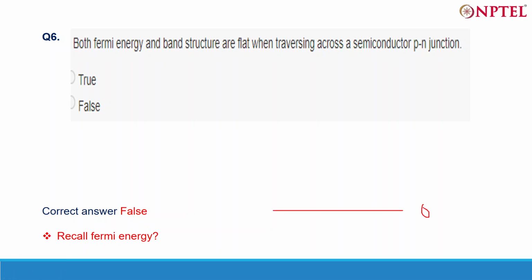If we put the temperature to 0 Kelvin, and this is the valence band and conduction band, in between at 0 Kelvin there will be some level which these electrons will occupy. This is the Fermi level, the maximum energy point up to which an electron could reach at zero temperature. So this is the Fermi energy. This much energy is retained by the electron even at 0 Kelvin.